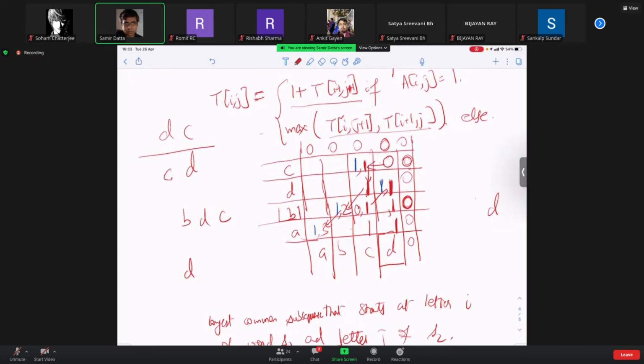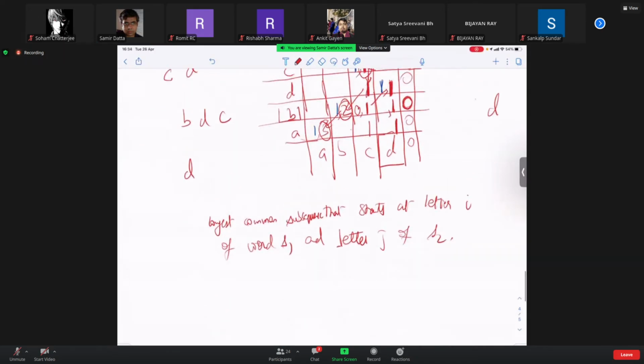So the longest word: this C matches, this one matches, then this one matches, B matches, and then A matches. Do people see this? Yes, sir.